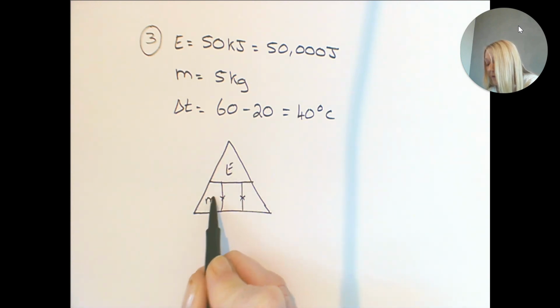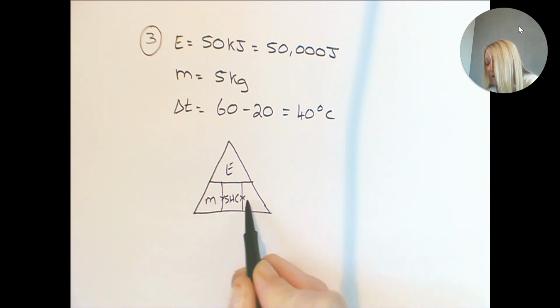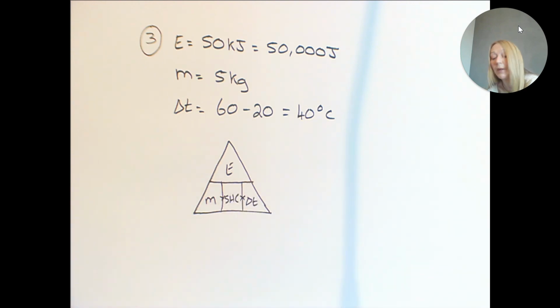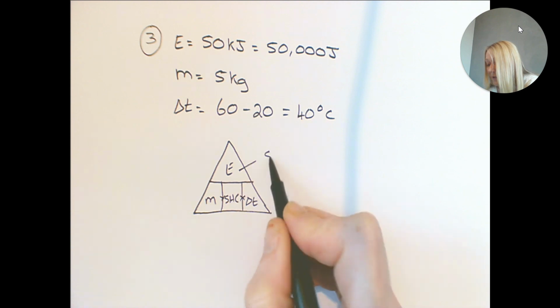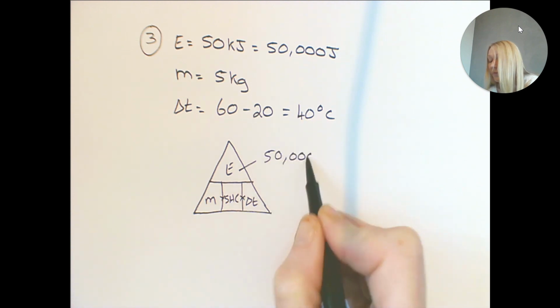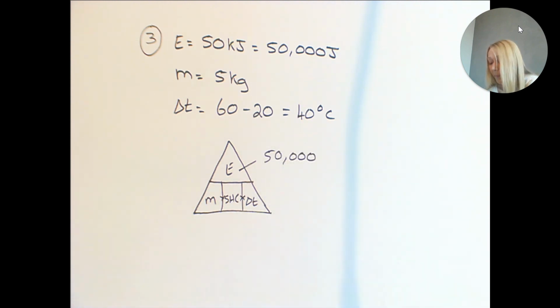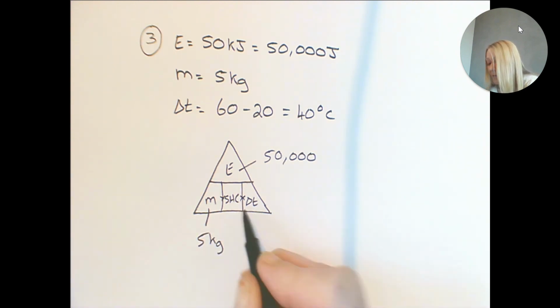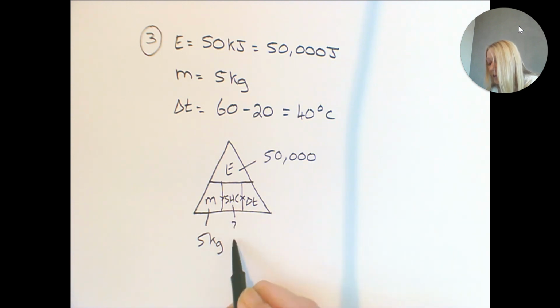Energy equals mass times specific heat capacity times temperature change. And again, they've given us 50,000 joules of energy. They've given us 5 kilograms here. Specific heat capacity is the question, and the change in temperature is 40. So again, we know these are times.